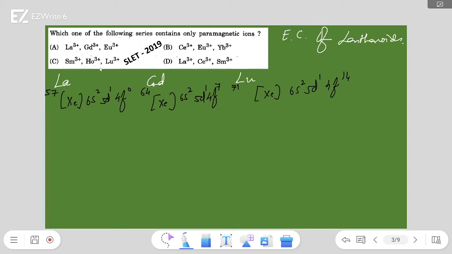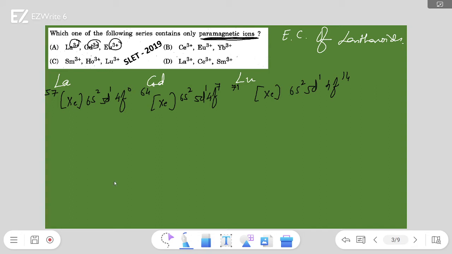See how? If you check very carefully, all the oxidation states given in all the options are plus 3. It means I am supposed to remove 3 electrons from any of these elements in their cationic form. You are supposed to find only paramagnetic ions, so there should be unpaired electrons present.